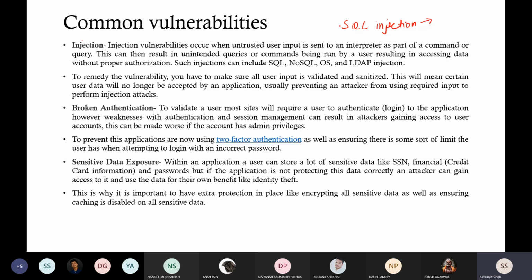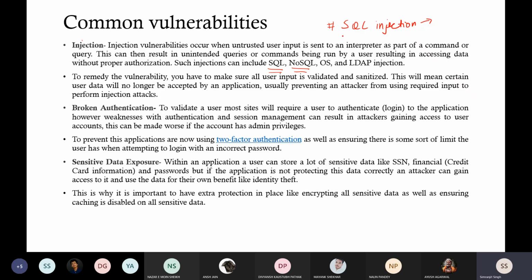After that they found out it's a very simple command: you just have to write the SQL query. It's not that every command is the same. In SQL the command will be different, in NoSQL different, in LDAP injection different, but you can try each time, and if it returns something, you get to know which kind of DBMS is being used in the backend.